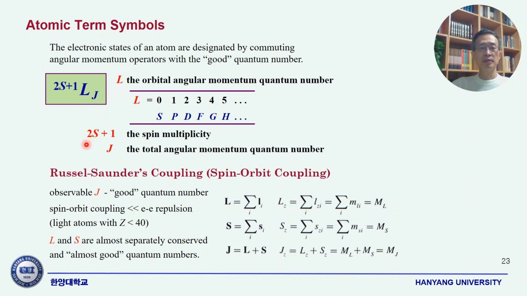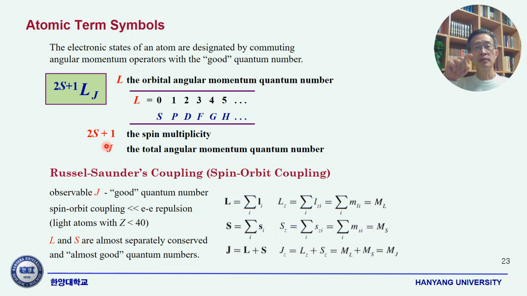And one idea behind it is the Russell-Saunders coupling, which we sometimes call spin-orbit coupling. We obtain the J value from L plus S, L plus S minus 1, L plus S minus 2, down to the absolute value of L minus S.